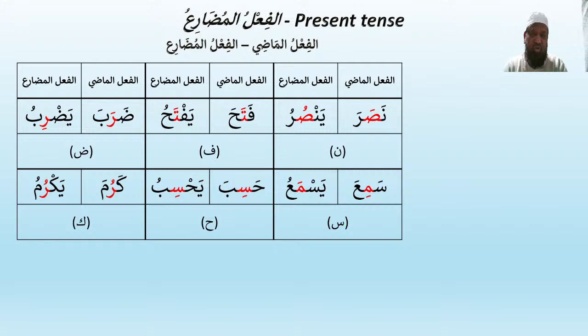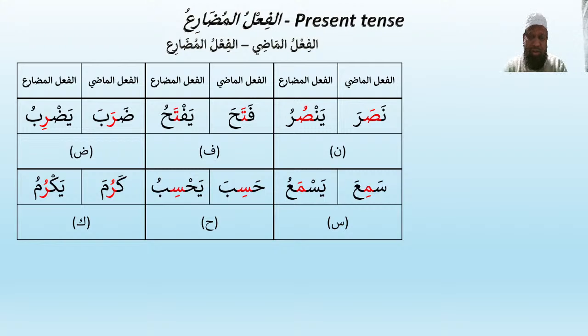So nasara yansuru nasran, nasran is the masdar. Normally it is a tradition that the masdar is said in mansub case. Nasara yansuru nasran. Fataha yaftahu fathan. Daraba yadribu darban. Sami'a yasma'u sam'an. Hasiba yahsibu husbanan. Karuma yakrumu karamatan.